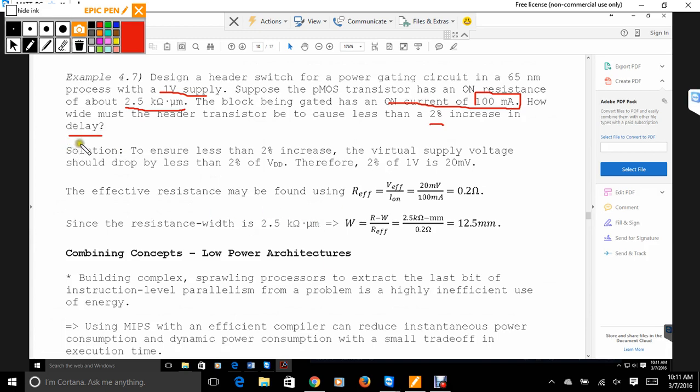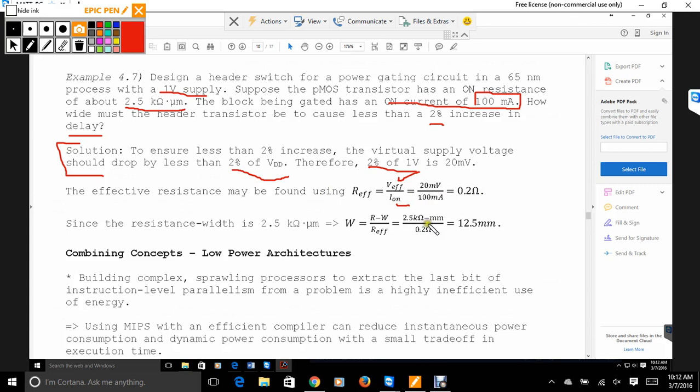So our assumption, to ensure a less than 2% increase, is that this virtual supply voltage must drop by less than 2% of VDD. Therefore, 2% of 1 volt is 20 millivolts. So that's what we're going to use to calculate an effective resistance. So we have our effective voltage divided by our on current.